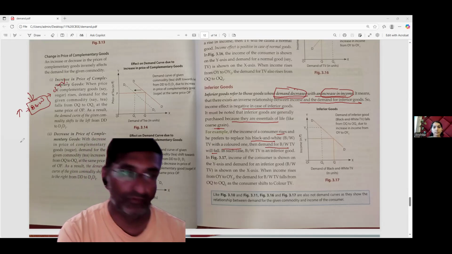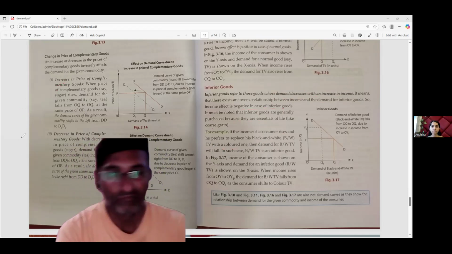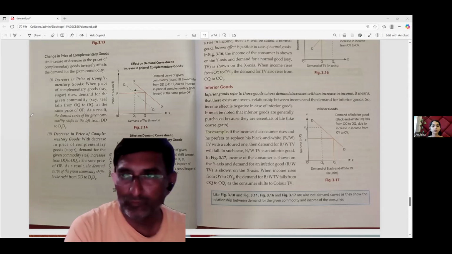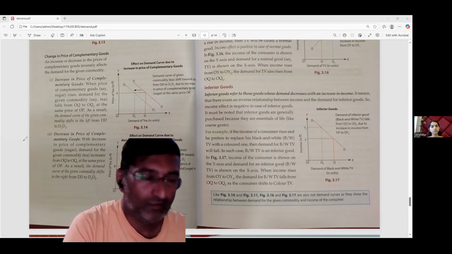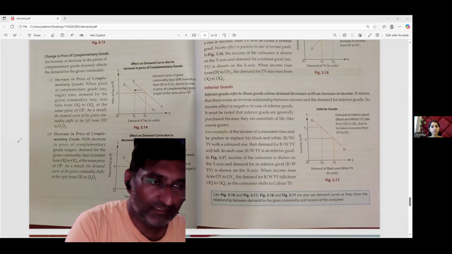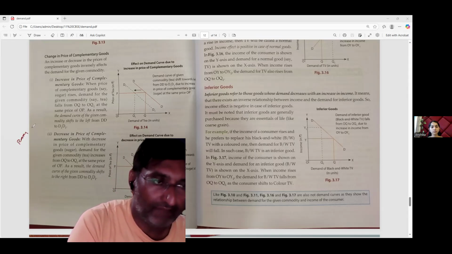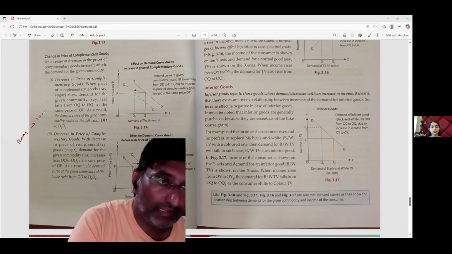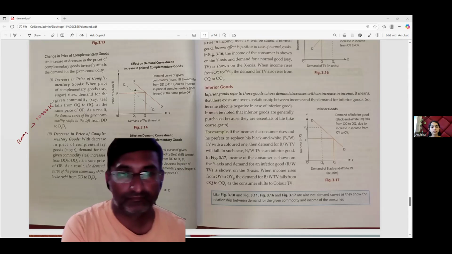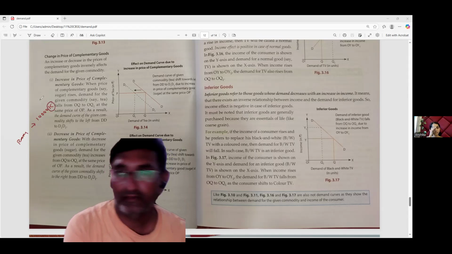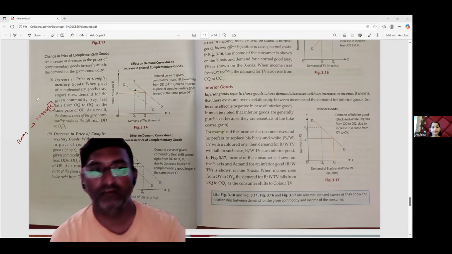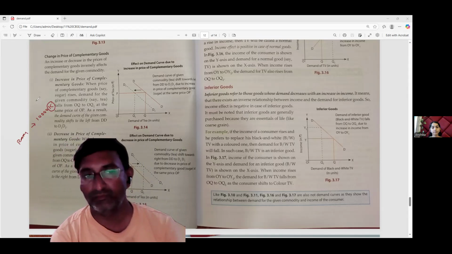What if, suppose, I'll give a simple example. Forget about this one. Suppose at this moment Mr. Ram has a 10K income per month, right? But he would like to eat pizza most of the time.